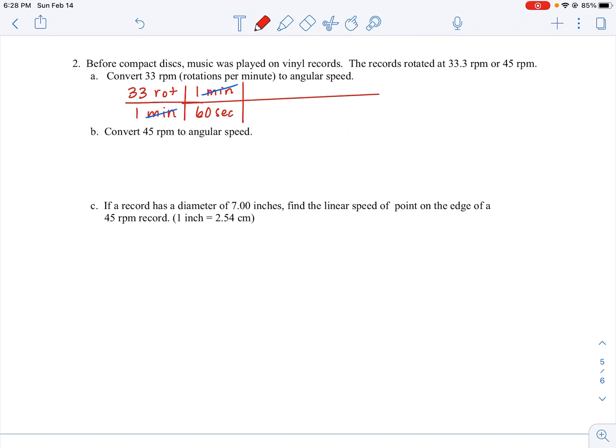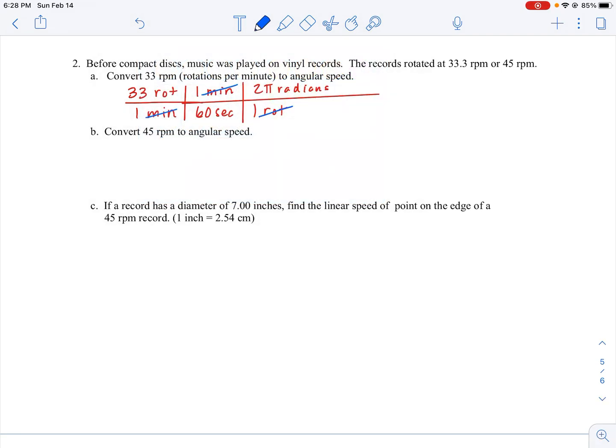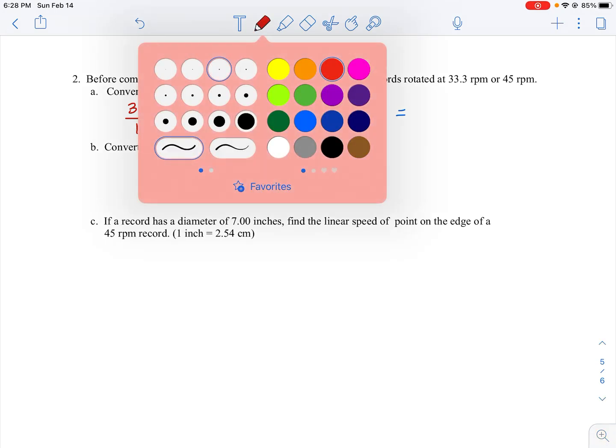Now one rotation is 2 pi radians. So if I do that, rotations will cancel. And this is looking good because what I want left is radians per second. That is what angular speed is. Okay, so I'm going to multiply what's on top and divide by what's on the bottom.